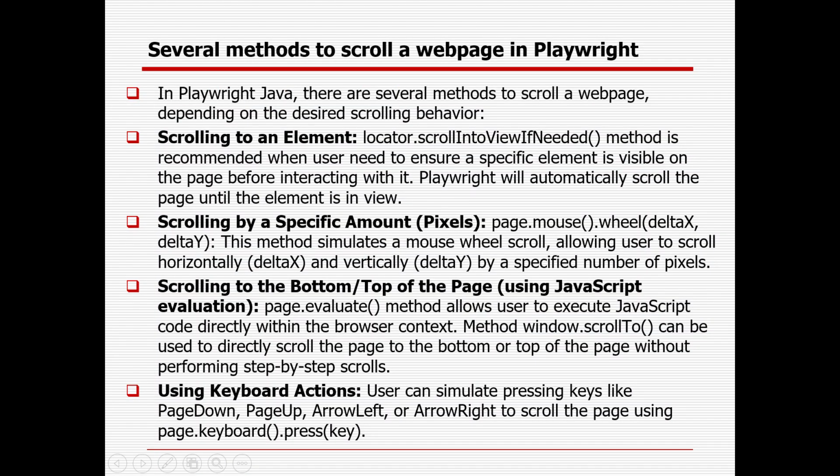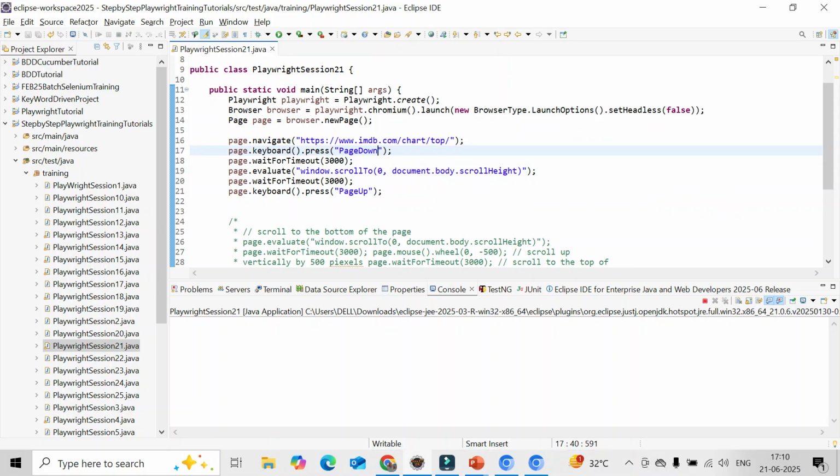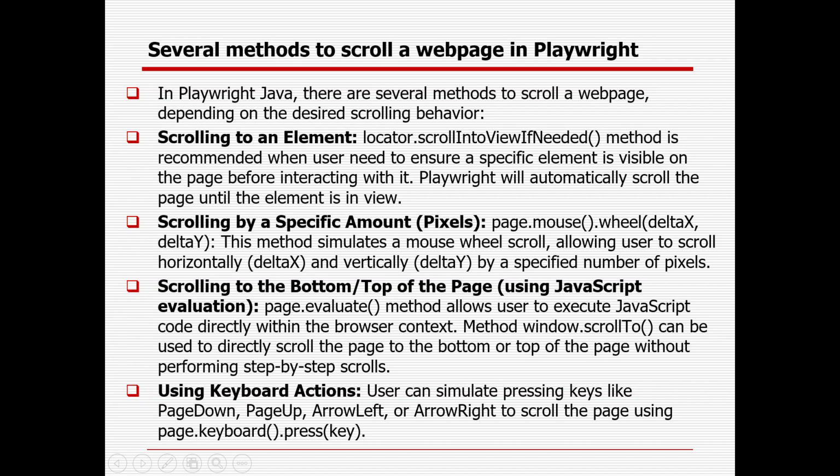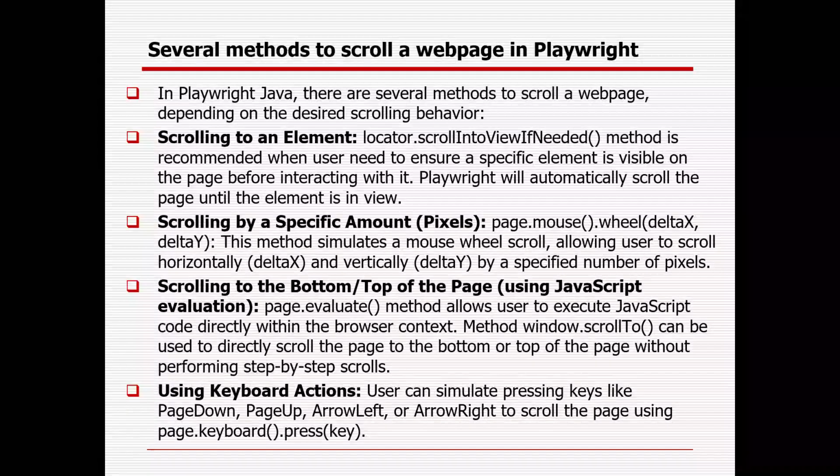So in case you want to scroll horizontally, in that particular press you can use arrow left or arrow right. Arrow left will scroll left by one page, and arrow right will scroll right by a page. So that is the way. These are the important things you can use. You can directly use the scroll into view if needed method to scroll to the exact web element.